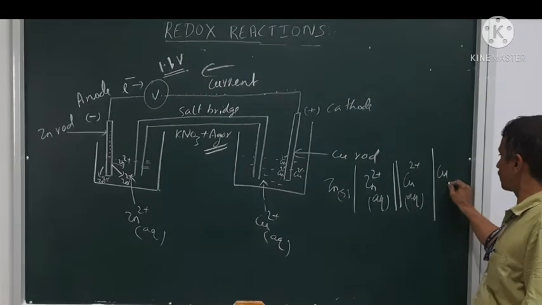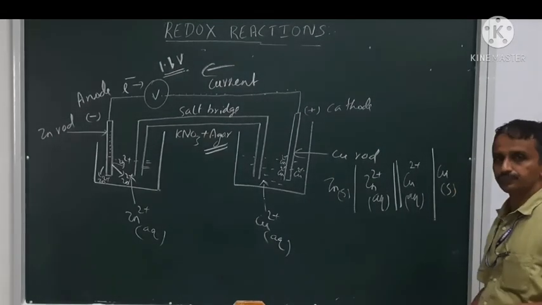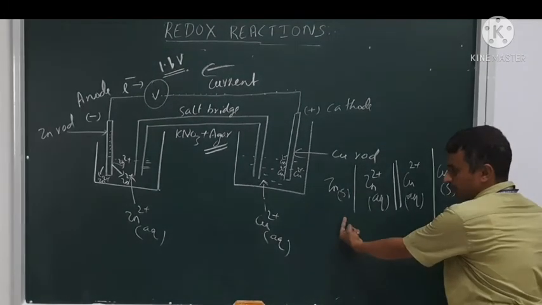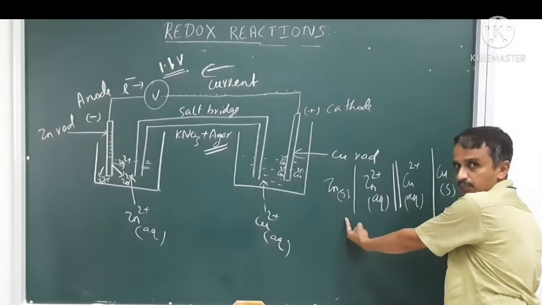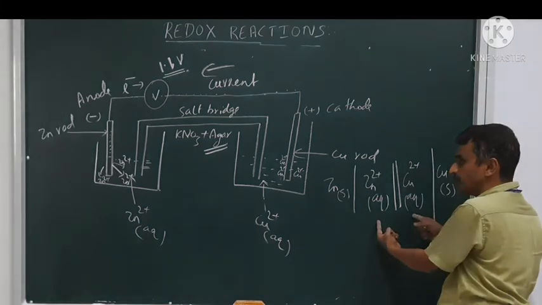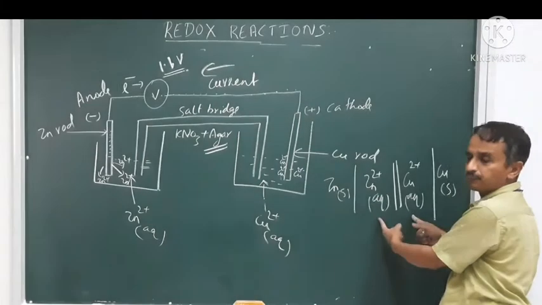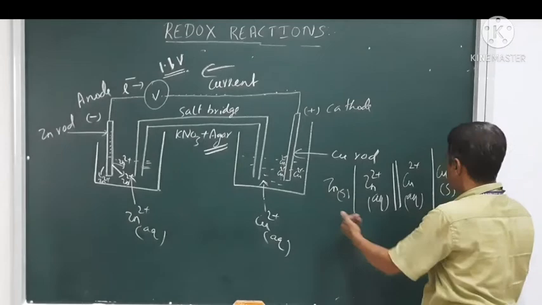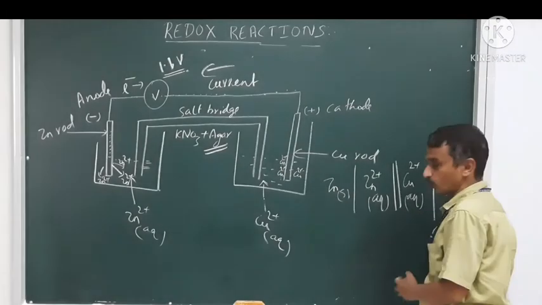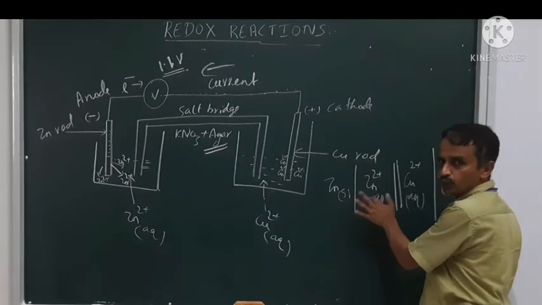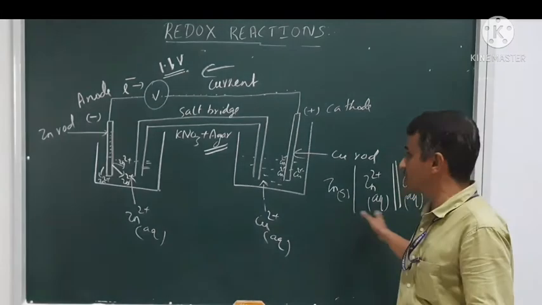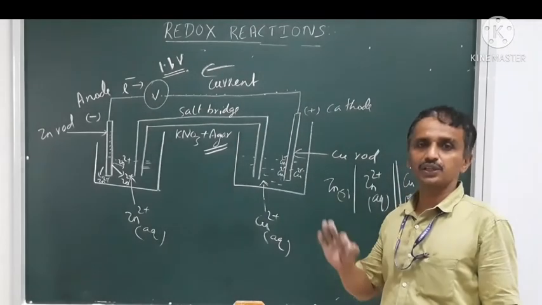Then finally copper solid. Means at the extreme ends, metal will be there, in between them solutions will be there. On the left is the anode, on the right the cathode, in between the anode solution and the cathode solution will be written. This is the symbolic representation of the Daniell cell.